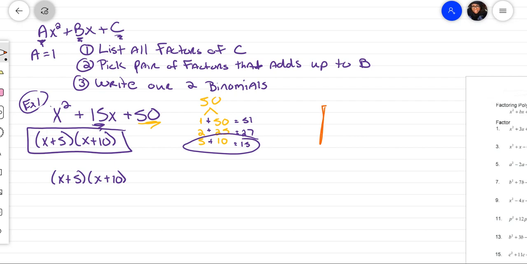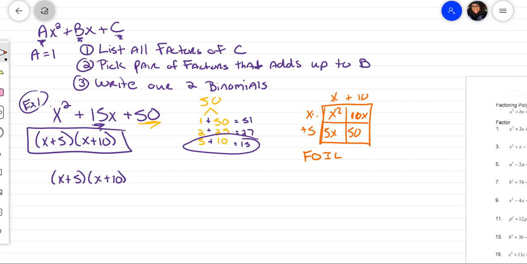Whatever method you were taught, with x plus 5, x plus 10, x times x is x squared, 10x, 5x, and 50. First, outer, inner, last was the FOIL. But I traditionally just tell my students to always distribute.